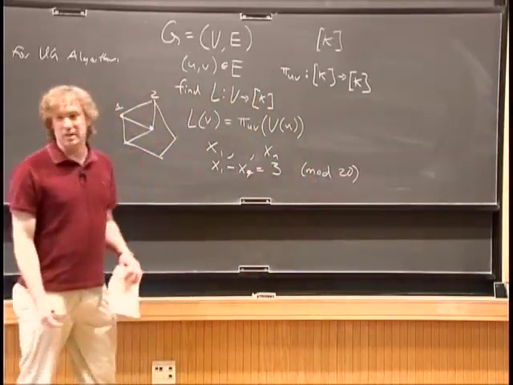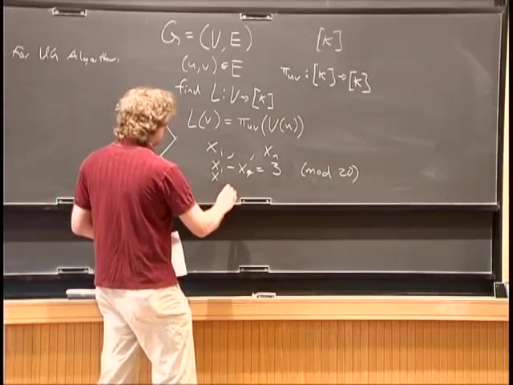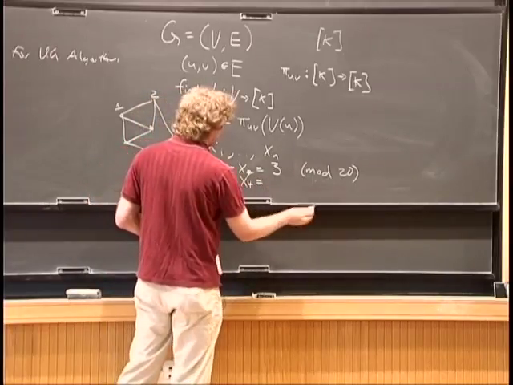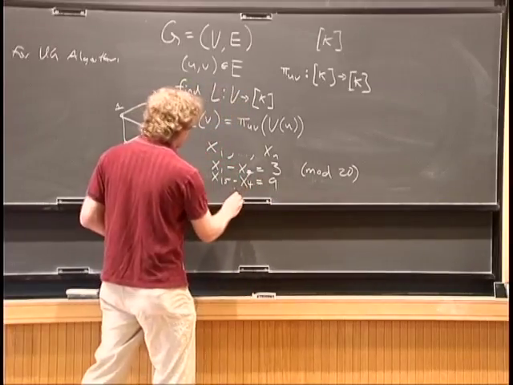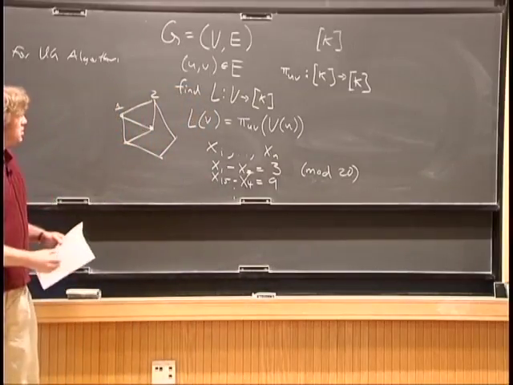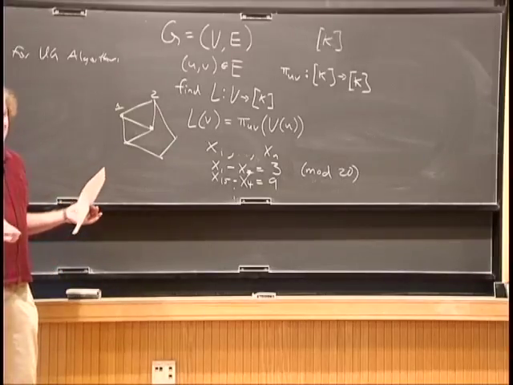So we're looking at 20 possible labels. x15 minus x4 equals 9, and so forth. But your unique game doesn't have to be anything nice like this.